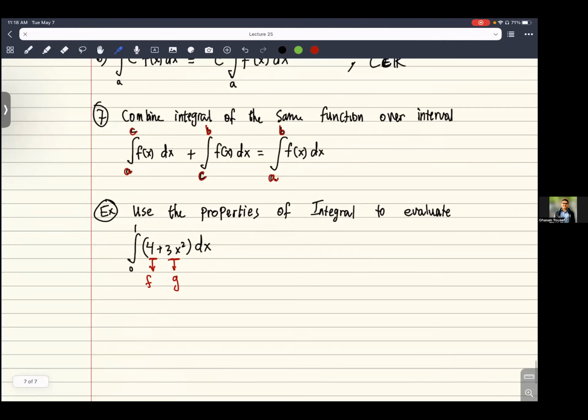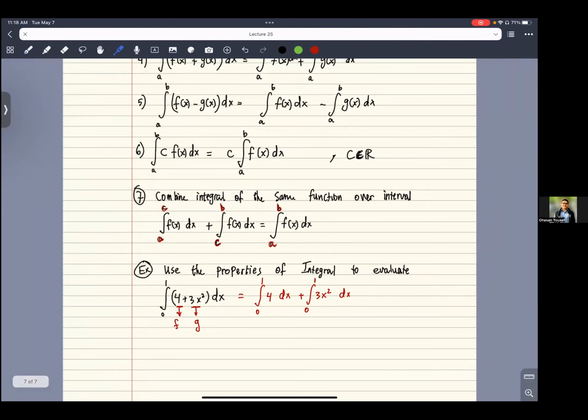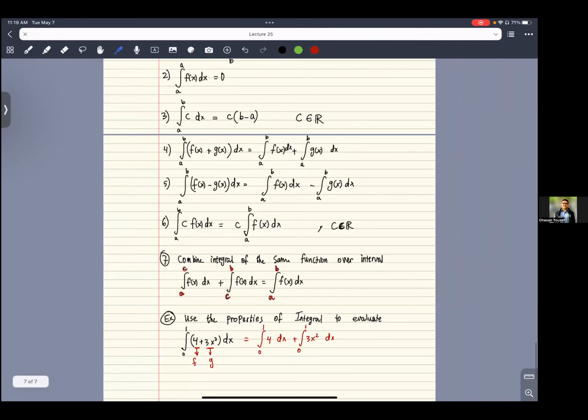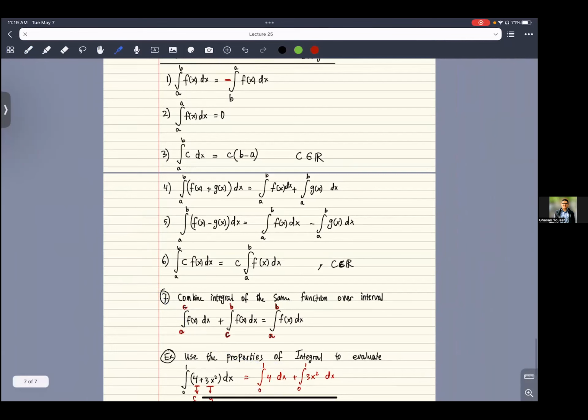So this is the same as the integral for the first one, 4 dx, plus the integral for 3x squared dx, from 0 to 1. Now here I have a constant for the first one, 4 dx. How can we integrate something like that? If it's a constant dx, which property?